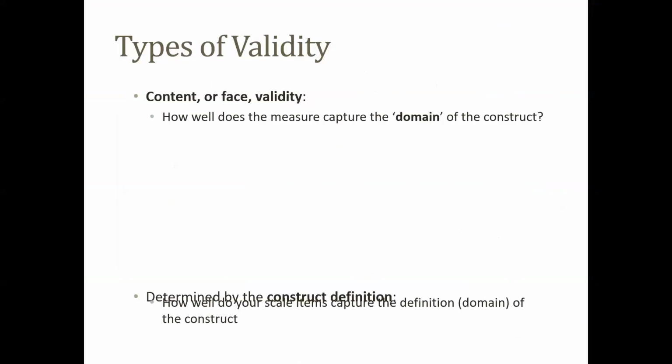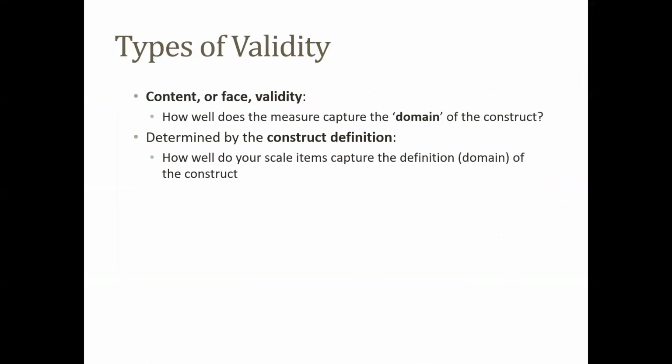So in terms of validity, we can have what we call content or face validity, which we talked about briefly earlier. What we are saying is that the set of measures, in terms of their wording, should seem to capture the domain of the construct. That is the definition, the boundaries we gave in defining the construct.